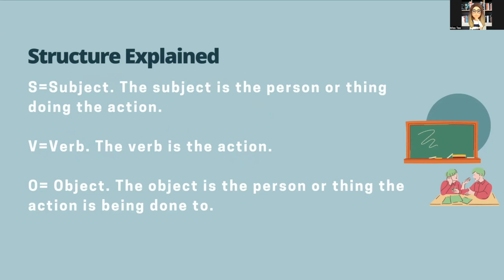These are all action words. O is for object. The object is the person or thing the action is being done to. So when we talk about SVO structure, this is what it means. S, subject, V, verb, O, object.